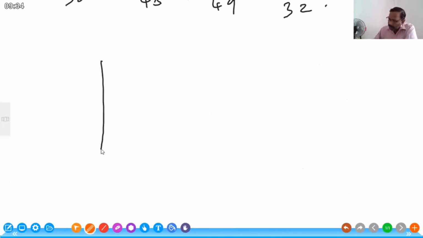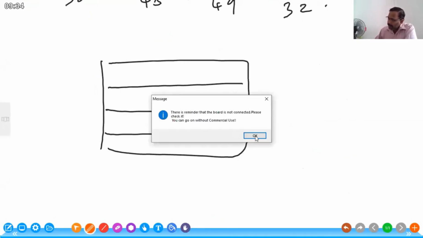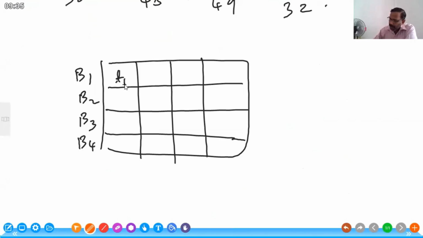Now let's say I have started with this in RCBD or whatever it is, right? Now we have block 1, block 2, block 3, block 4, treatment 1, treatment 2, treatment 3, treatment 4. 4 treatments are there as an example. Now what is the problem?